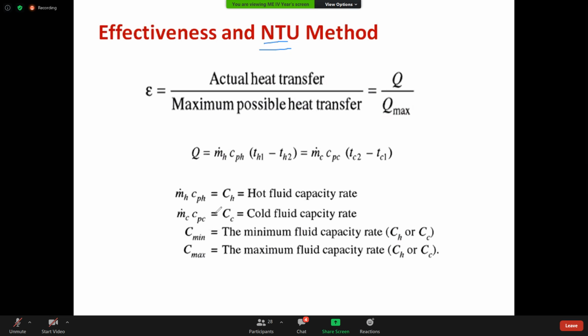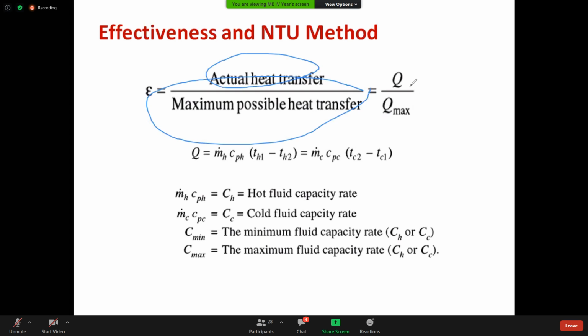Right? So effectiveness. What is effectiveness? For any heat exchanger, for any device we calculate efficiency. Suppose there is an engine, we talk about engine efficiency. Likewise effectiveness tells how effectively it works, that means the performance of that particular heat exchanger will be told by effectiveness. Effectiveness is nothing but what? It is the ratio of actual heat transfer to the maximum possible heat transfer.